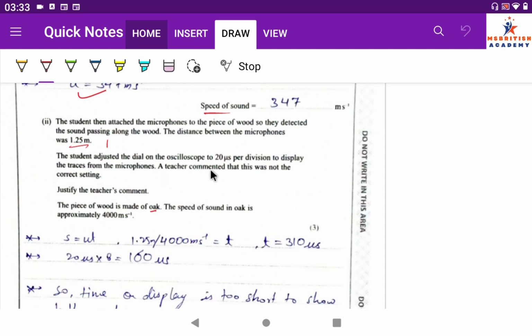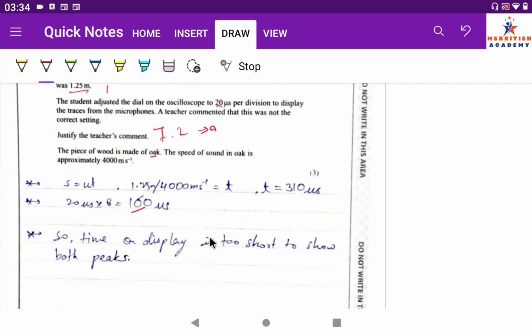If the time base is 20 microseconds per division, and if we take 7.2 as 8 divisions, then it will be 160 microseconds. So the time on display is too short to show both peaks.